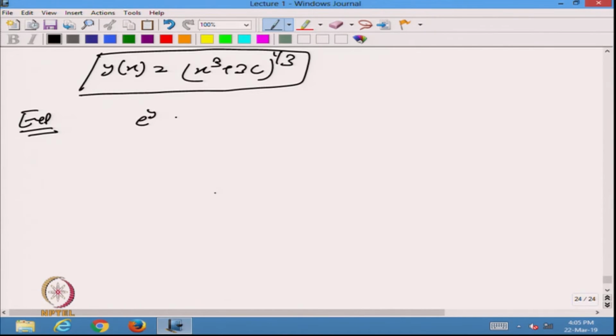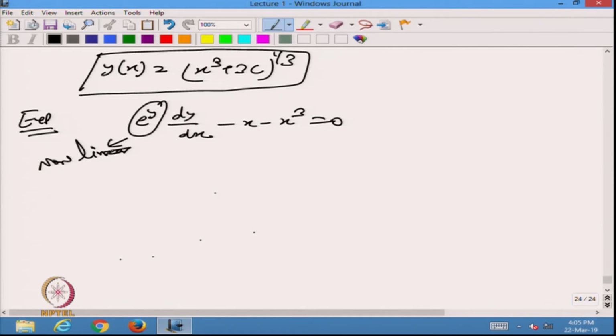I take another example: dy by dx multiplied by exponential of y minus x minus x cube equal to 0. So, in this case I have this exponential factor. So, I know that this is a nonlinear differential equation. I do not know how to solve this one, but let us try to make it a separable form.